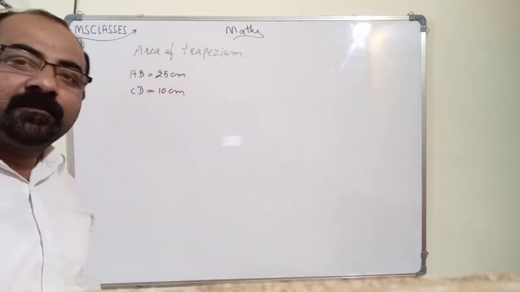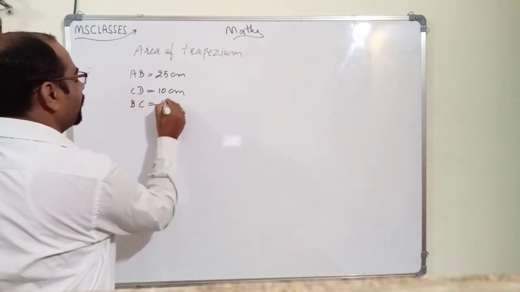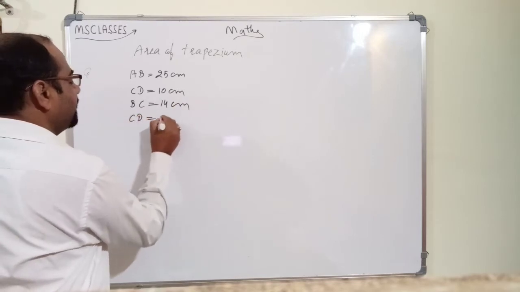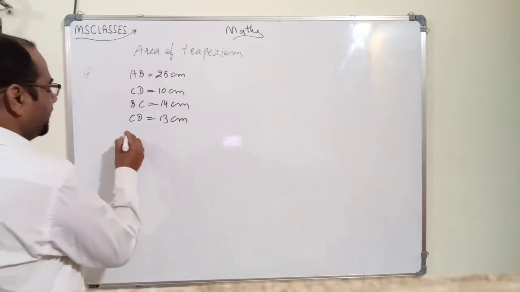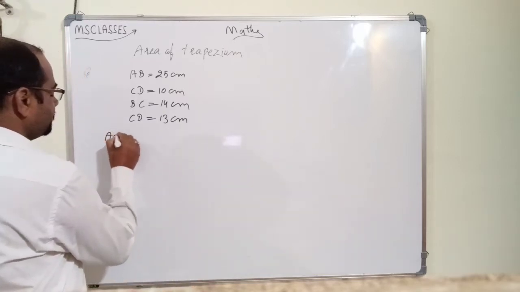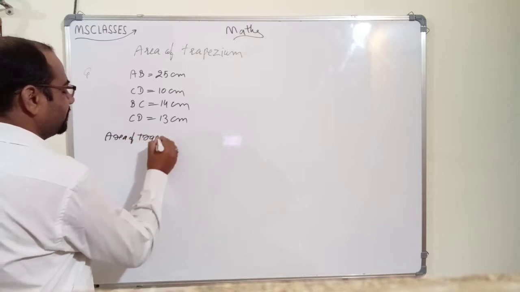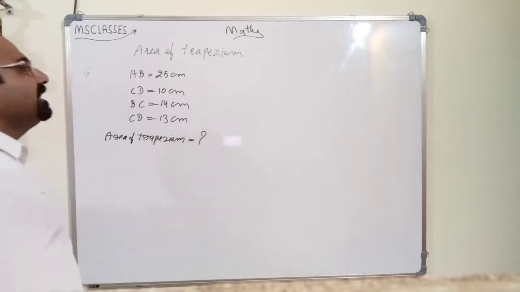Okay, and BC is equal to 14 centimeter and AD is equal to 13 centimeter, and you have to find the area of trapezium ABCD.